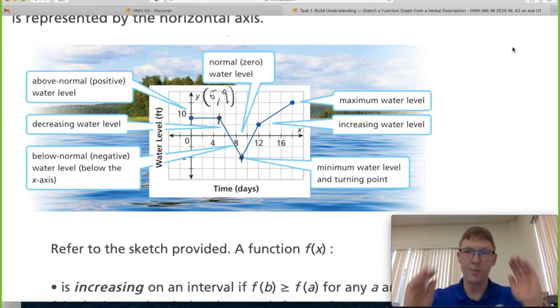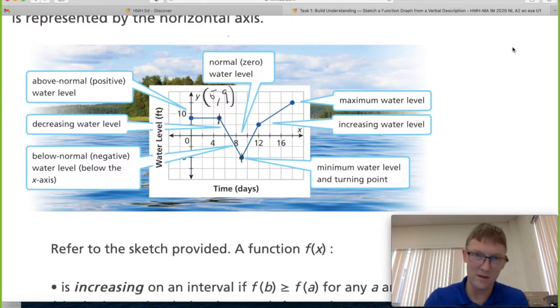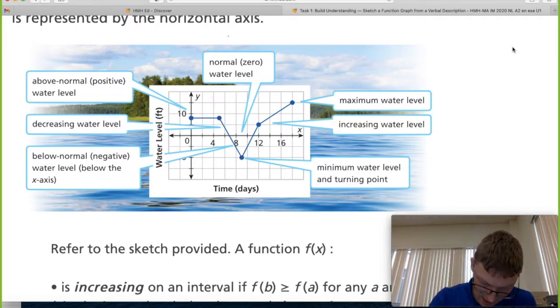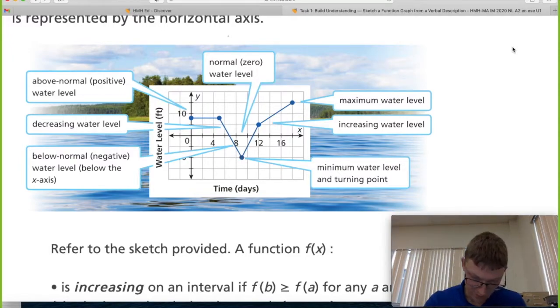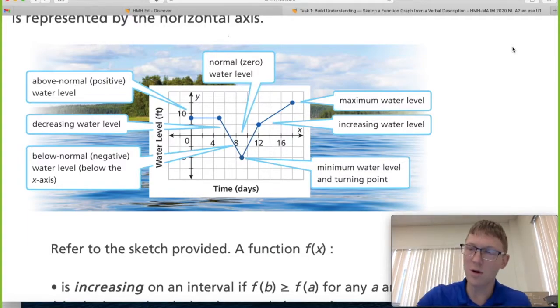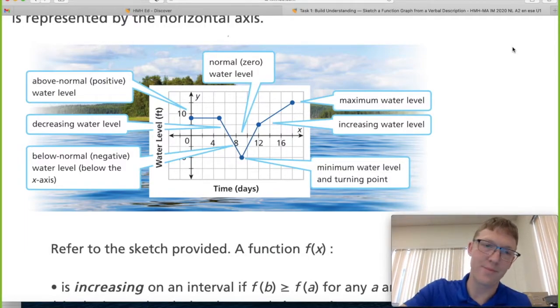Notice that there are parentheses as opposed to square brackets, because at this point the graph is neither increasing nor decreasing, it's just there. So again, not something I'm going to gig you on a test, but sometimes the book gets a little crazy.